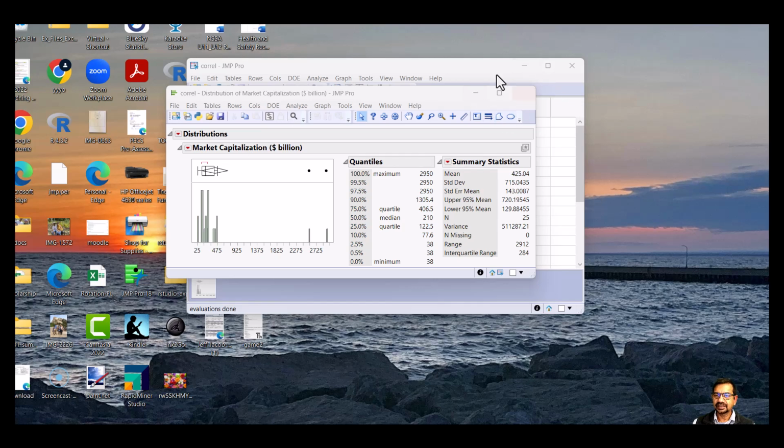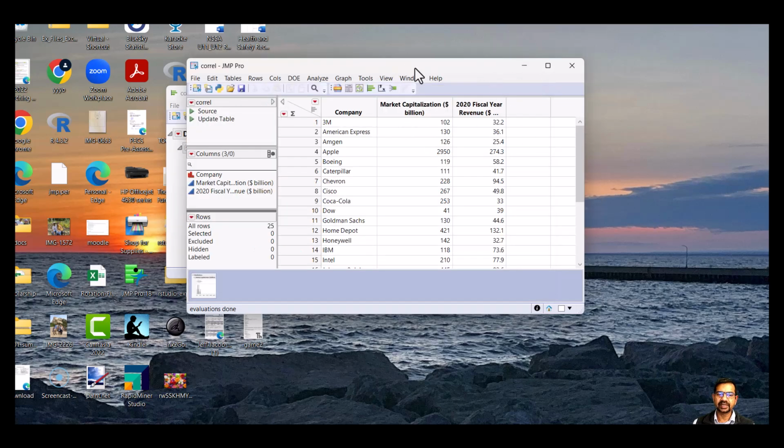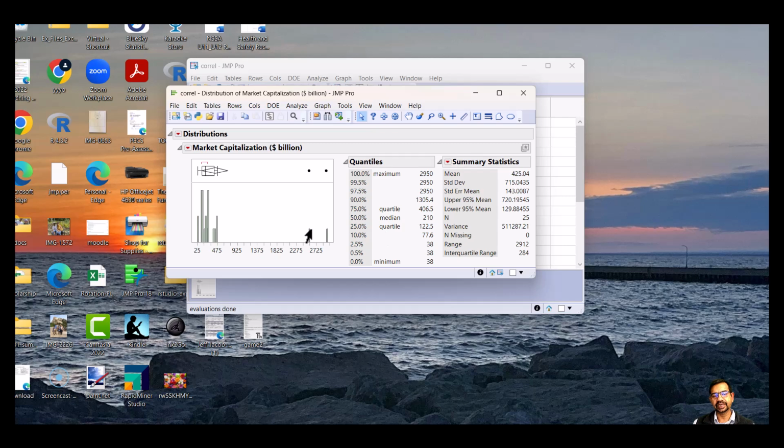Here is our series on market cap that we had looked at. And we had already obtained the histogram for the market cap series. And then we noticed that Jump always produces this curve on top. We had not discussed it so far. This is called the box and whisker plot.